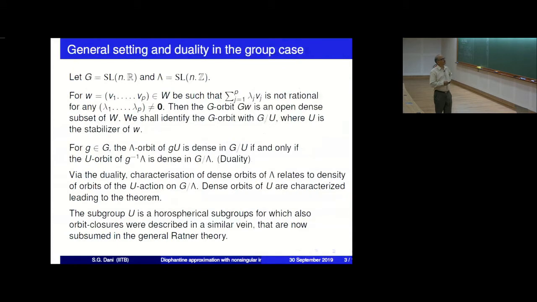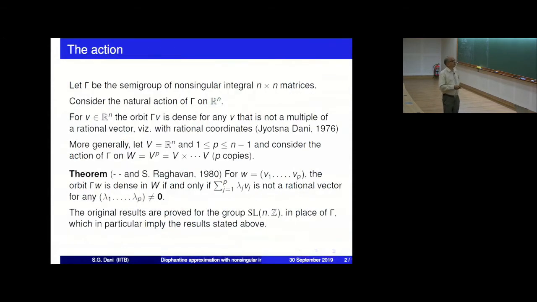Okay, so the main objective of the talk is going to be about this: starting with a vector which is not a multiple of a rational vector, you can approximate any other vector.